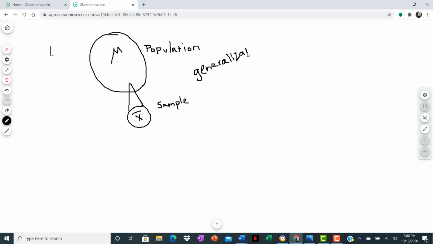Again, taking a sample from a population, we're inferring from that sample to make an educated guess about the population. Generalization. Any kind of study we do is going to take a sample.